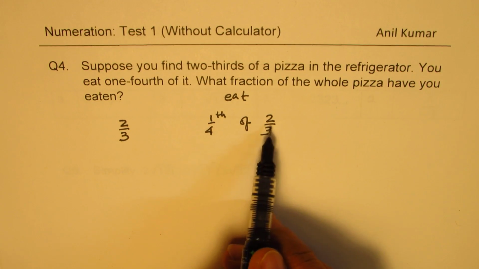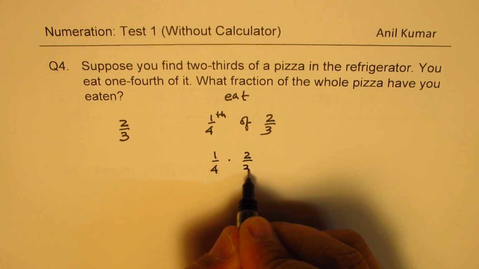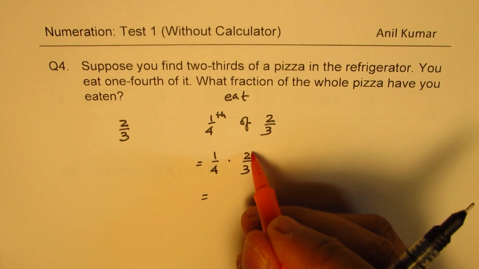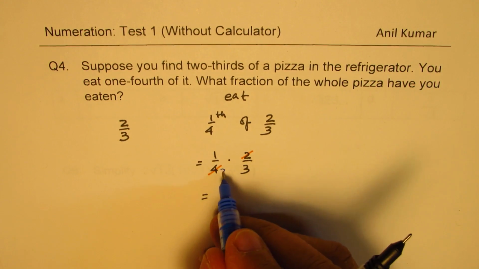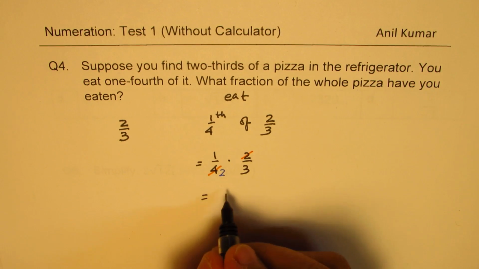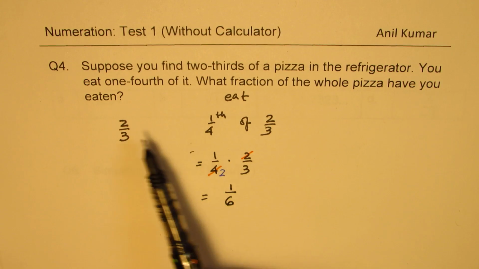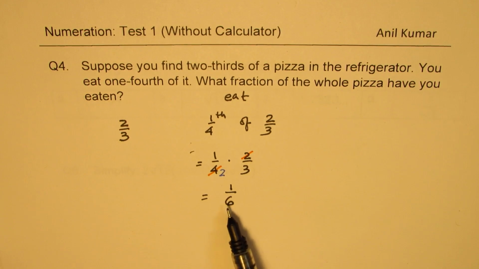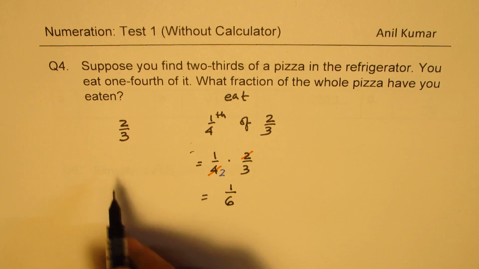Now 1/4 of 2/3 is kind of multiply 1/4 by 2 over 3. And that is equal to, you could simplify this, dividing by 2, right? So you get 1/6. So when you eat 1/4 of 2/3, you actually eat 1/6 of the whole pizza.